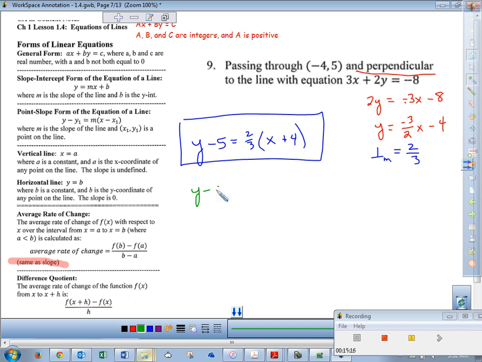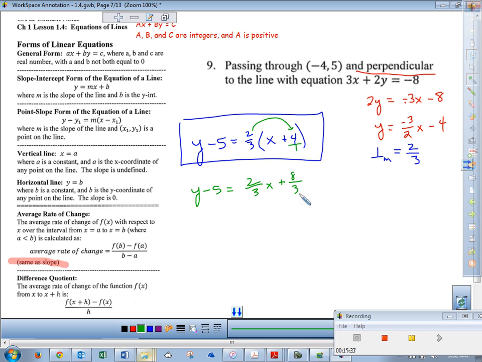y minus 5 comes down. 2/3 times x is 2/3 x. And then to multiply these together, think of it as 4 over 1. 2/3 times 4 over 1, numerator times numerator is 8. Denominator times denominator is 3. 2/3 times 4 is 8/3. Awesome.